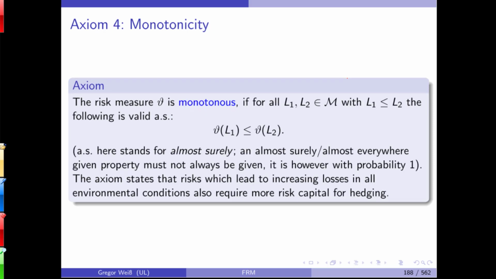And a risk measure is monotonous if for all L1, L2, with L1 smaller than L2, the following is valid almost surely. Risk capital of L1 is smaller or equal than the risk capital of L2. That means, if, for example, you have a situation, loss distributions. Let's use a loss distribution.